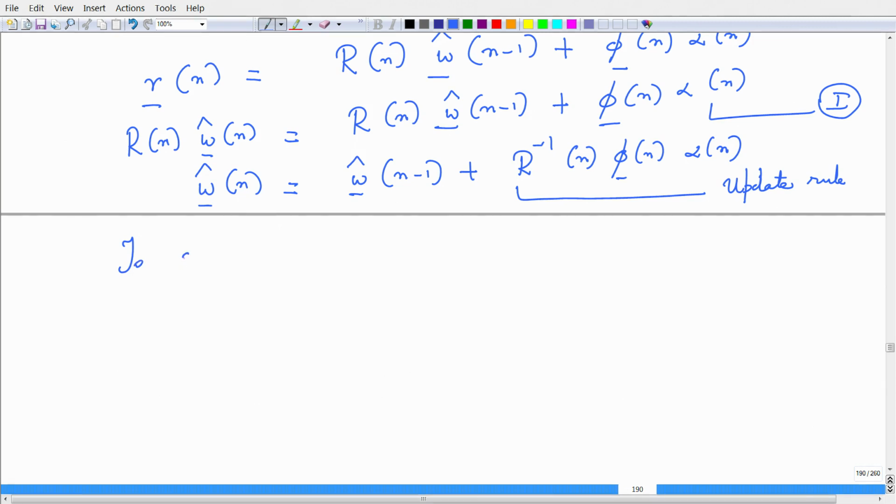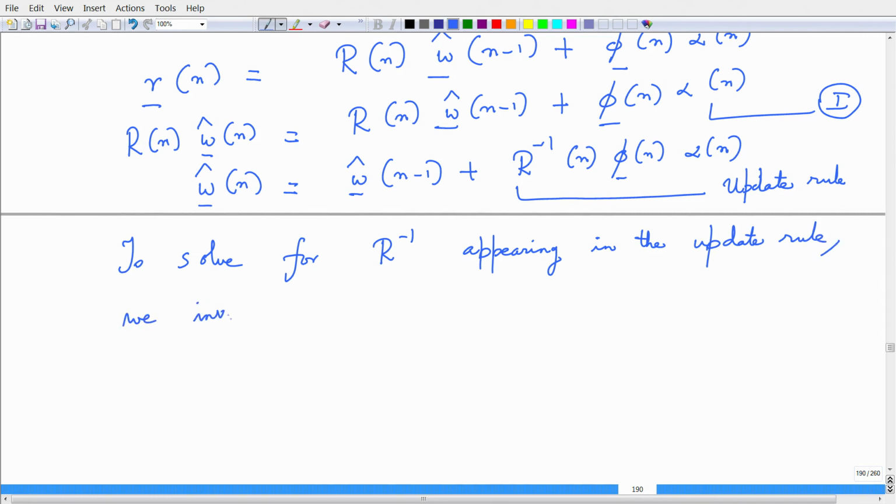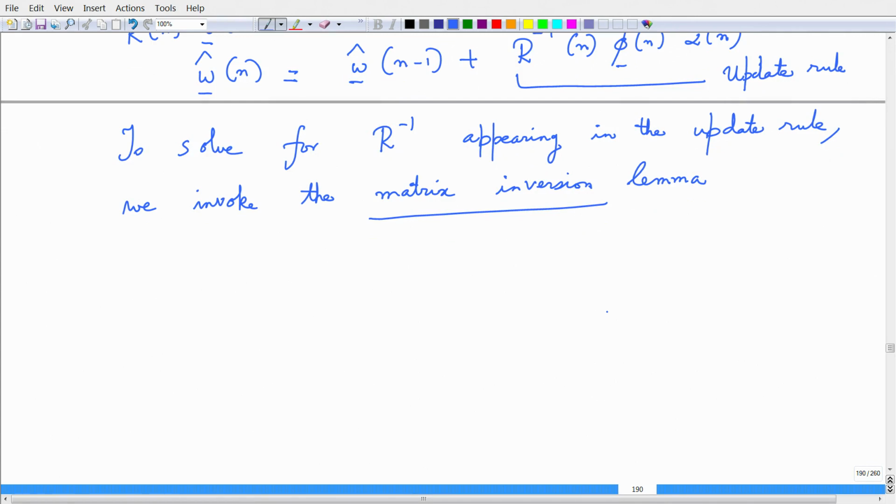So to solve for R inverse appearing in the update rule, we invoke the matrix inversion lemma. If you go through any book in linear algebra, you will find this result.